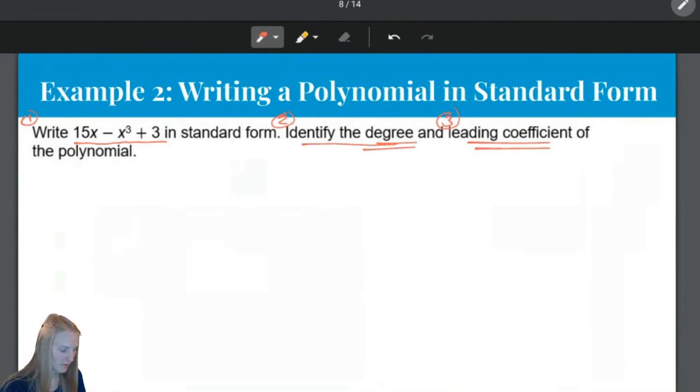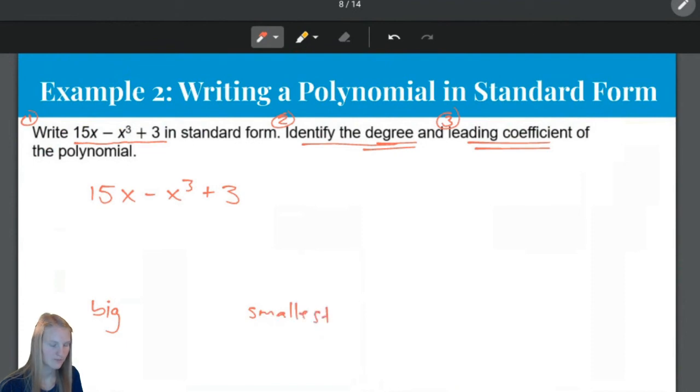Okay, so 15x minus x cubed plus 3. We want this put into standard form. So remember, standard form needs to go from the biggest degree down to the smallest degree. So your exponents, basically. You need your biggest exponents over here, your smallest exponents over here.